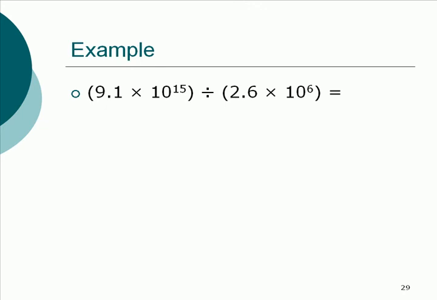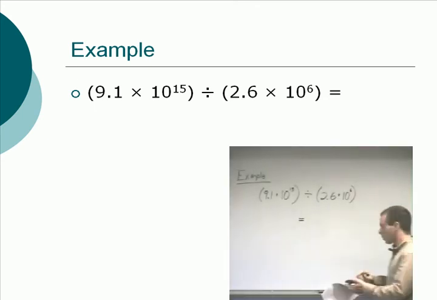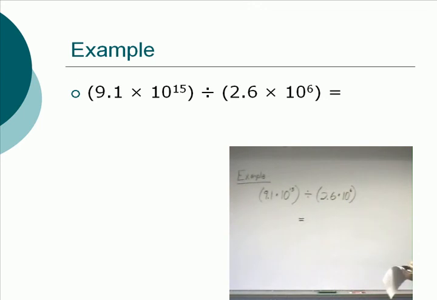Okay, let's wrap this up with a couple example problems. Let's take 9.1 times 10 to the 15th divided by 2.6 times 10 to the 6th. Divide your coefficients. 9.1 divided by 2.6 gives you a result of 3.5.